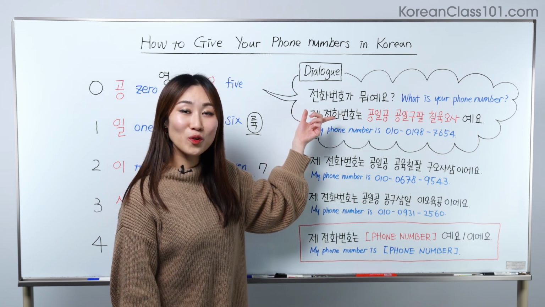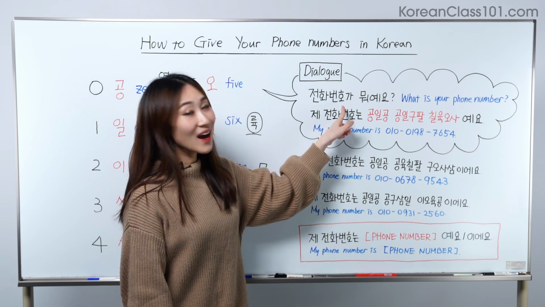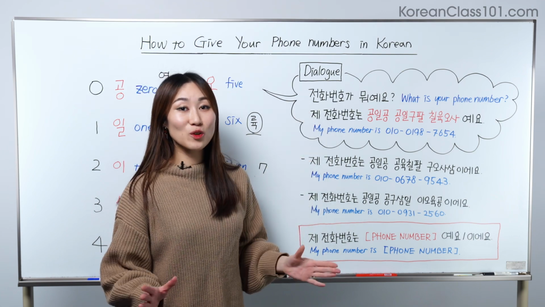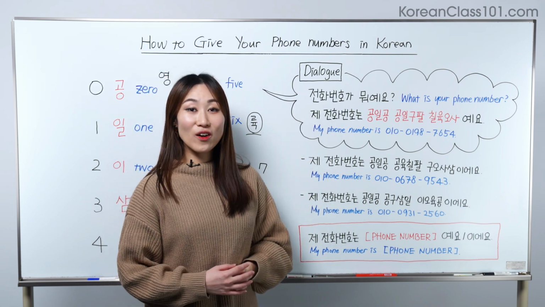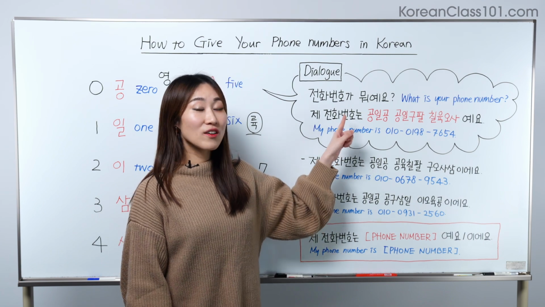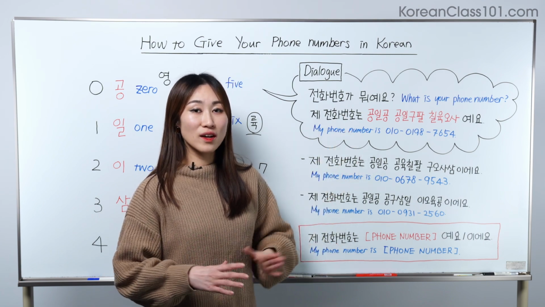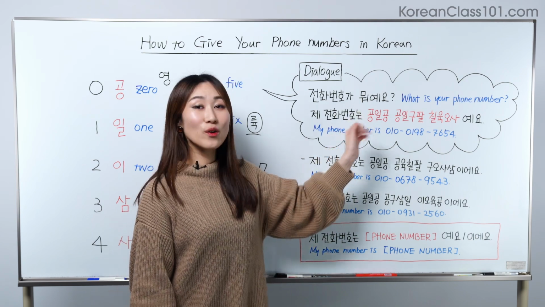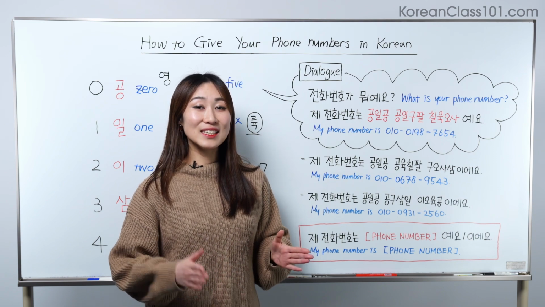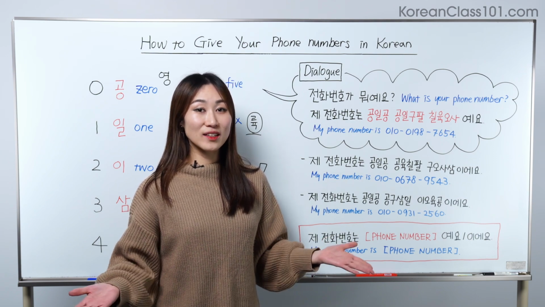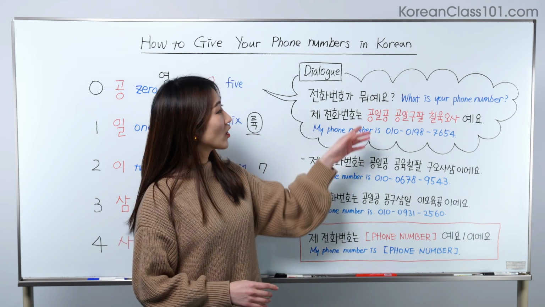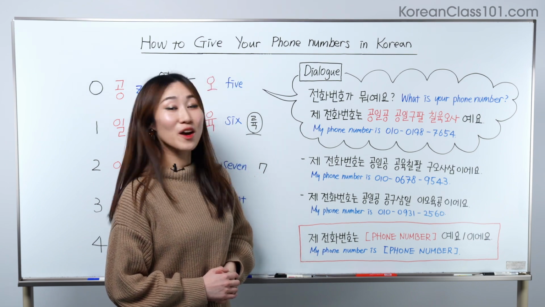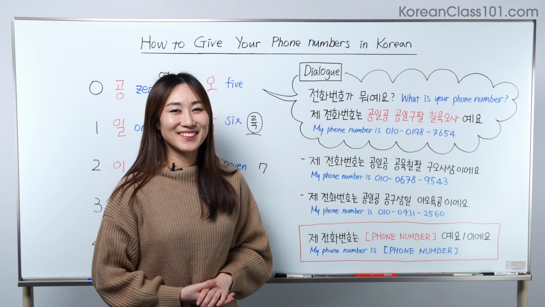Altogether, 전화번호 means phone number. 가 is a subject marking particle, marking 전화번호 as the subject of the sentence. 뭐예요? 뭐 is a shortened form of 무어, and it just means what. 예요 is from the verb 이다. It means to be. Technically, it's a particle, but it's used as a verb like to be. 전화번호가 뭐예요? What is your phone number?